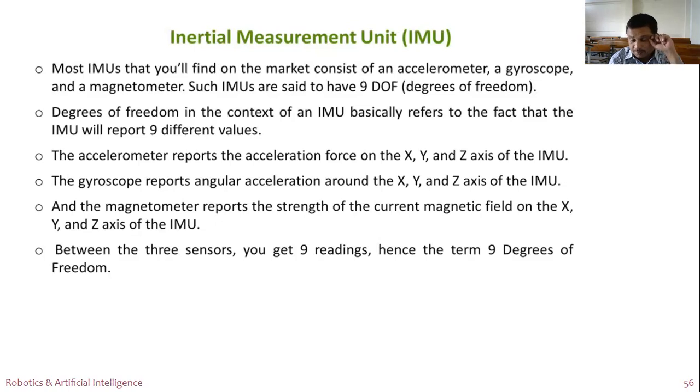The accelerometer reports the acceleration force on the X, Y, and Z axis of the IMU. The gyroscope reports angular acceleration around the X, Y, and Z axis. And the magnetometer reports the strength of the current magnetic field on the X, Y, and Z axis of the IMU. Between the three sensors, you get 9 readings, hence the term 9 degrees of freedom.